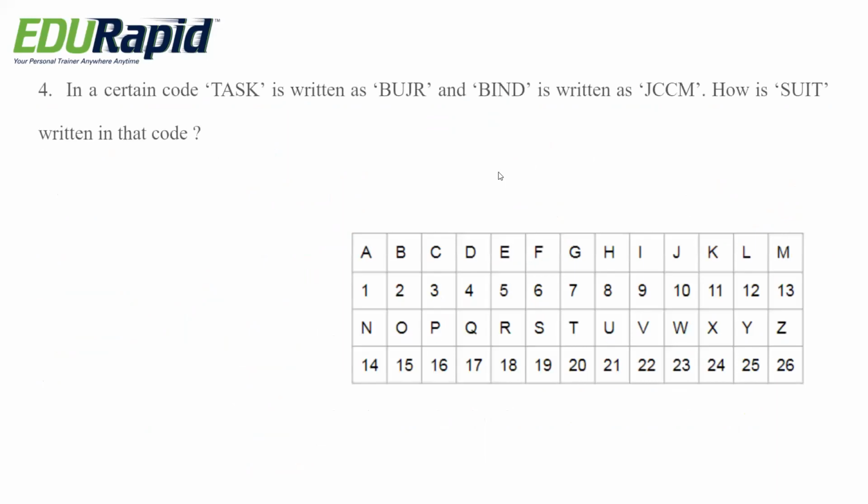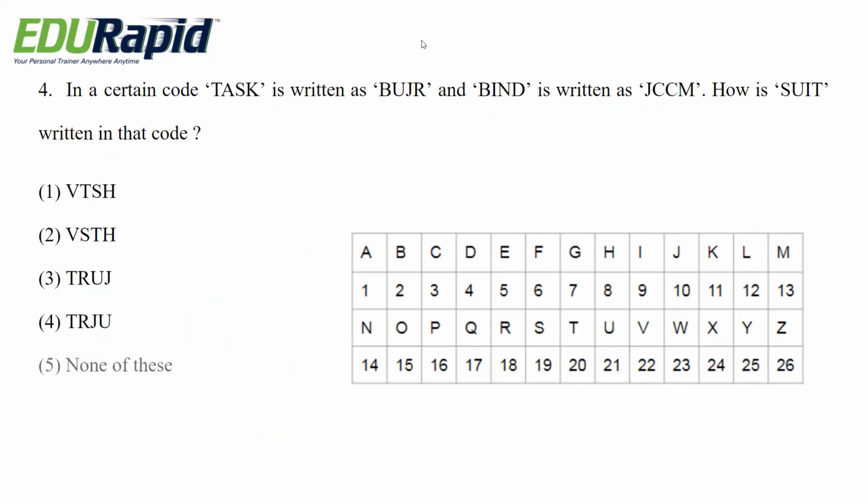Next question. In a certain code, TASK is written as BUJR and BIND is written as JCCM. How is SUIT written in the code language? Options are BTSH, BSTH, TRUJ, TRJU, none of these.